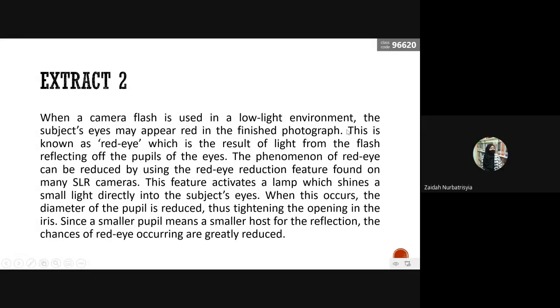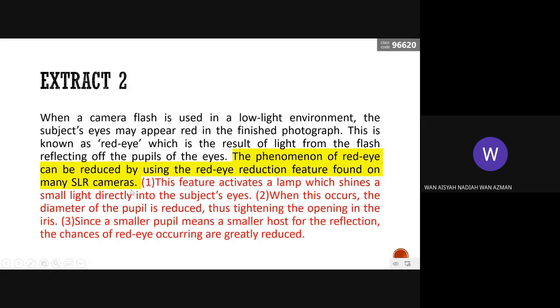This is known as red eye, which is the result of light from the flash reflecting off the pupils of the eyes. No, you're almost there. The phenomenon of red eye can be reduced by using the red eye reduction feature found on many SLR cameras. Yes, this is the topic sentence, the real topic sentence.